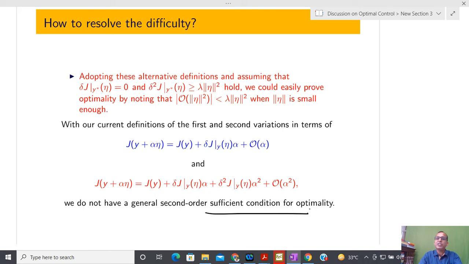I just have to make sure that the first variation, the linear approximation or linear transformation we have taken, is 0. In the case of the second variation, I have to show that it is greater than or equal to 0, and that is the second order necessary condition. That remains exactly the same in both the infinite and finite cases.